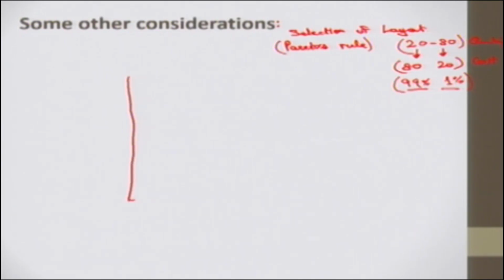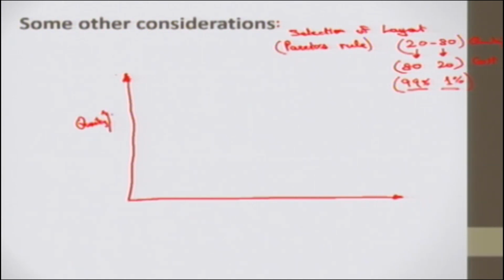We have the PQ chart. As I took the example of a car, I'll put the same thing here. This is quantity on this side, and this is product.